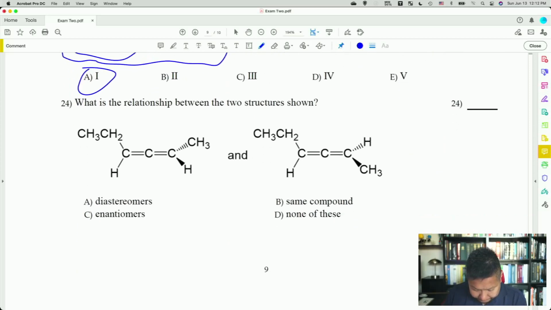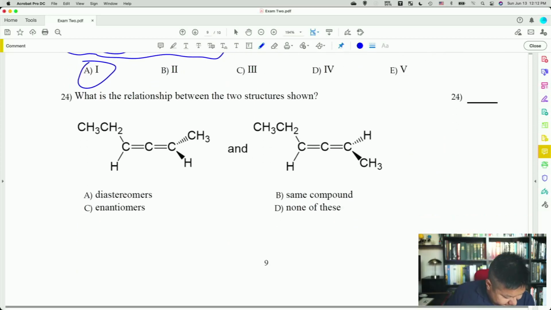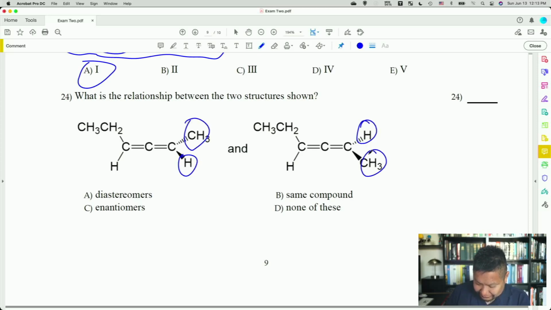Okay. Next, we have allene, right? So remember, there was only one slide about allene in the lectures, and in this slide, I said that if the two constituents are different on the end of an allene, then those are definitely chiral centers, even though there's only three bonds there, or three constituents there.